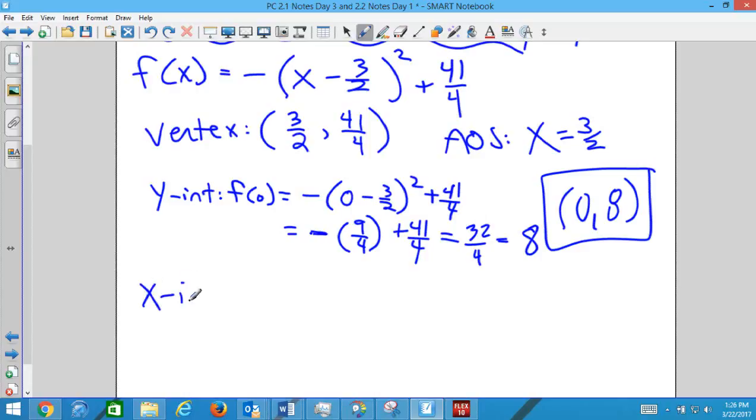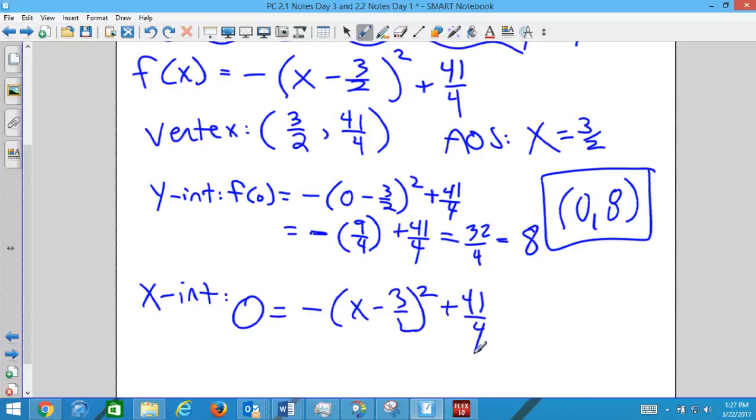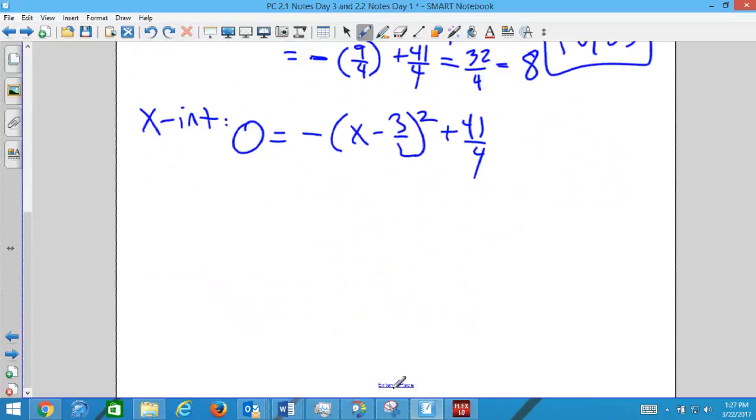X-intercepts. Again, we're using the vertex form to do all this stuff today. 0 equals negative parenthesis x minus 3/2 squared plus 41/4. So using this form, what am I going to do first?